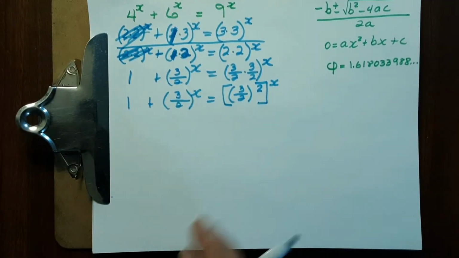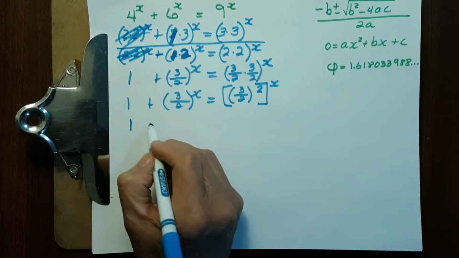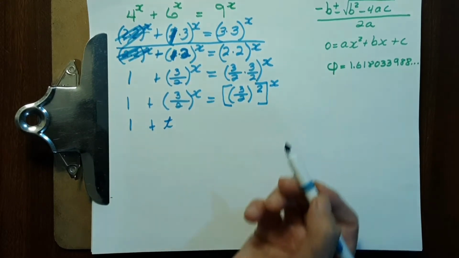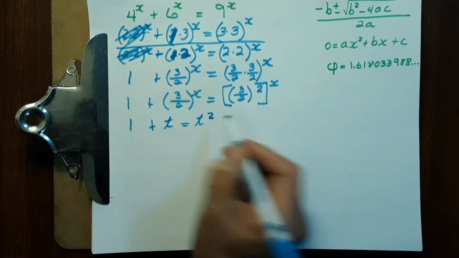So how to do it? Okay, we're gonna write any letter here, say t equals 3 over 2 to the x, so we have t squared.